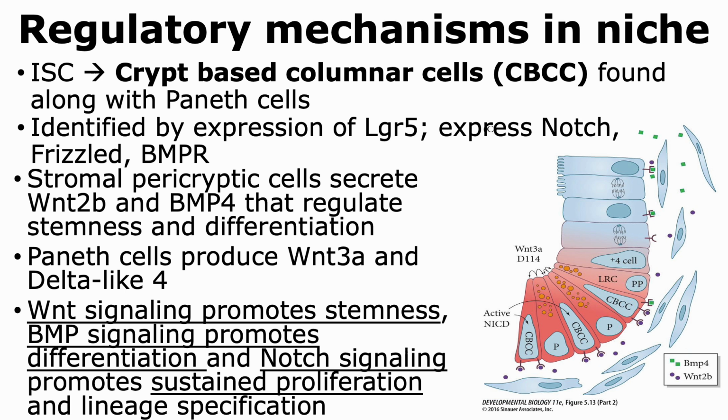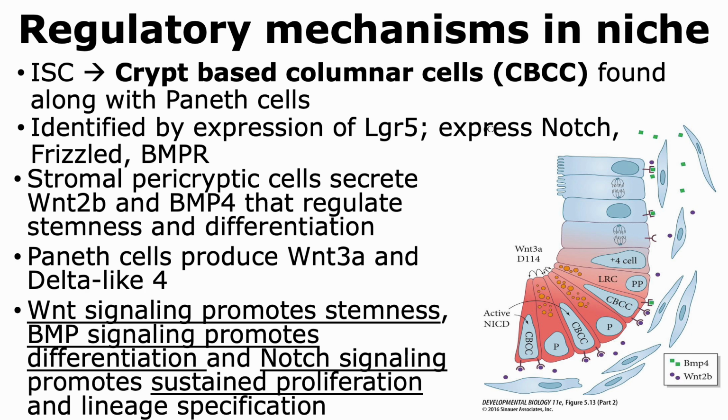Wnt signaling promotes stemness, while BMP signaling promotes differentiation. Notch signaling, which is where the delta-like 4 plays a role, promotes sustained proliferation and lineage specification. So to remain a stem cell, the cells will respond to Wnt3a very well and to the Wnt2b, because this Wnt signaling promotes stemness to allow them to retain being stem cells.